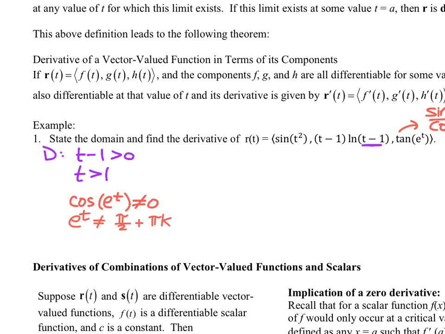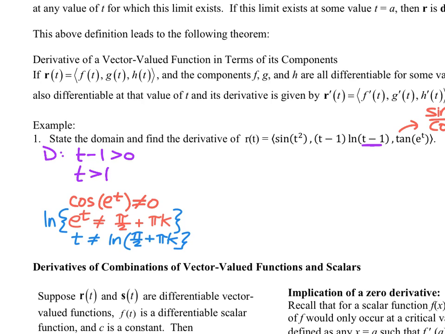Natural log both sides. All right. So we're going to take the natural log of both sides, and that's going to give us t cannot be equal to the natural log of whatever's on the right-hand side. All right, natural log of pi over 2 plus pi k.